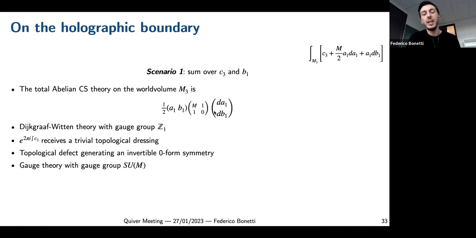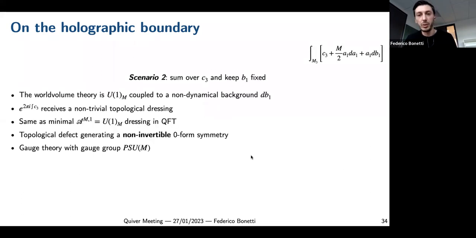So it means that ultimately the dressing of C3 is trivial, and therefore we are describing something invertible on the field theory side. And as you can presumably anticipate, in the other case, I will not sum over B1. So that's like a background. So in terms of dynamical gauge field, there is a single level, M. So we do have a non-trivial topological dressing. It is precisely the same as in the minimal choice in field theory, and therefore corresponds to the non-invertible defect that we have in the PSU case.